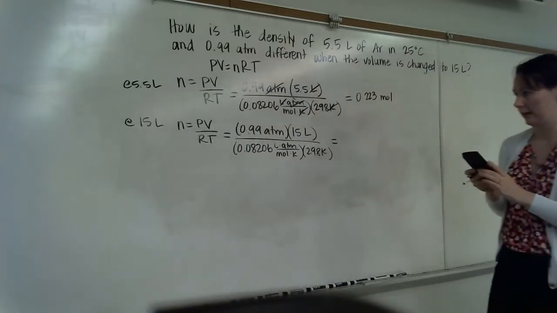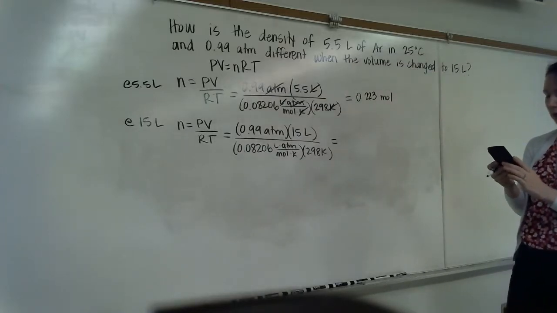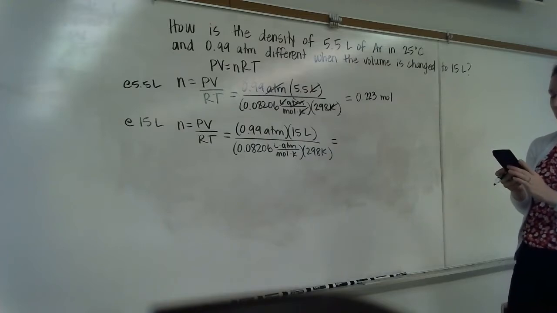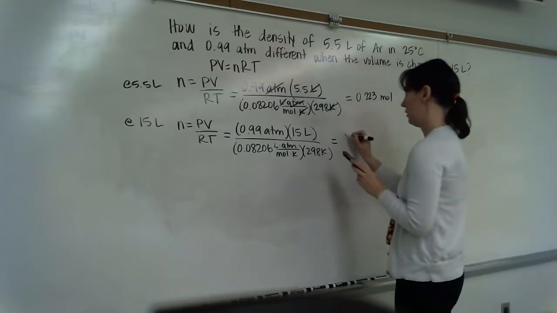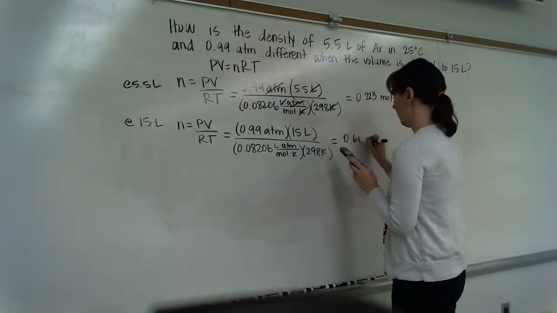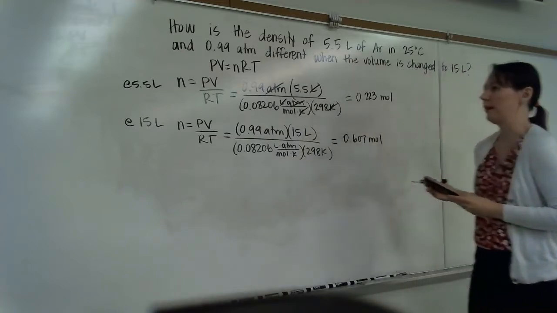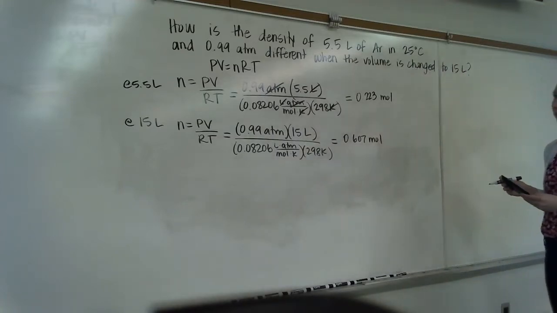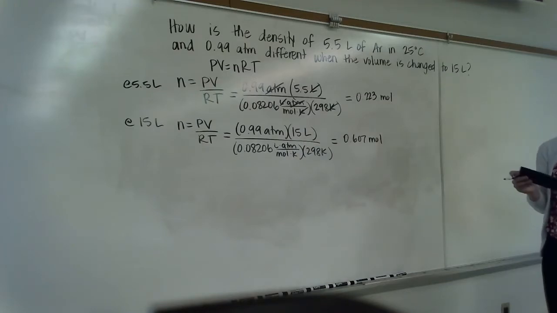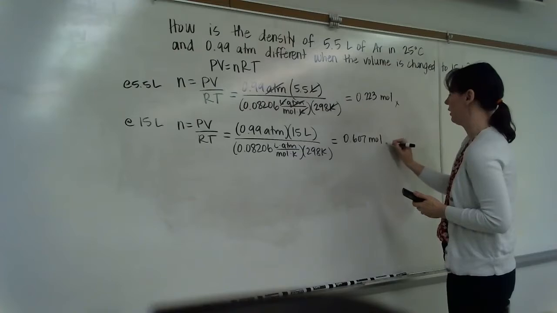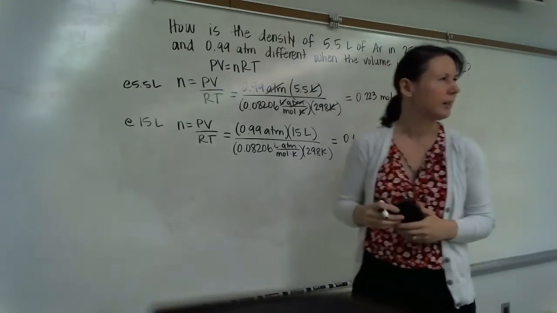So 0.99 times 15 divided by 0.08206 times 298 gives me 0.607 moles. All right, so now we just need to convert to grams, right? Because density is mass over volume. So what's the molar mass of argon? We just have to look at our periodic table.